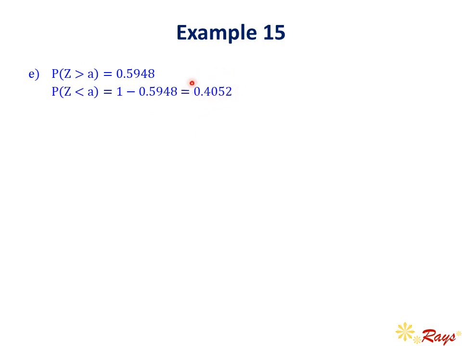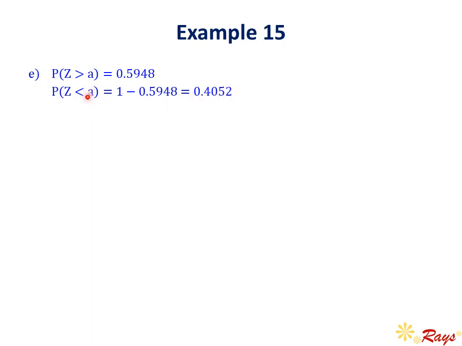The probability of the smaller area on the left, we find by taking the whole probability of the bell curve minus the probability of the bigger area. And now our question is read as find the value of A given that the probability of Z lesser than A is 0.4052.